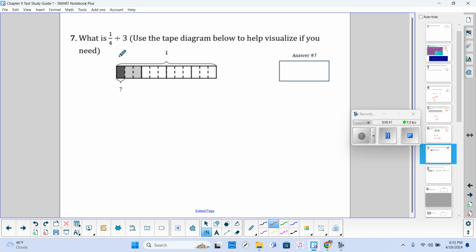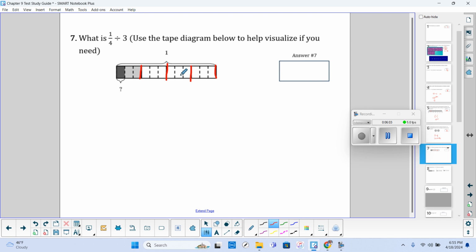Number 7, 1/4 divided by 3. Use a tape diagram to help you visualize if you need. Well, 1/4 divided by 3. If you think about it, this whole tape diagram represents 1. And if I break it into 4 equal parts, 1, 2, 3, 4 equal parts, right?